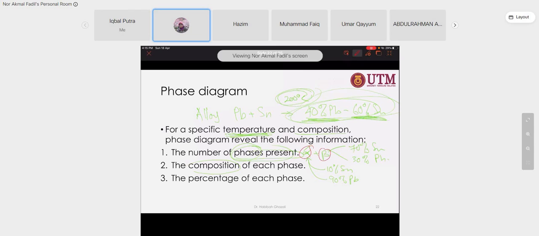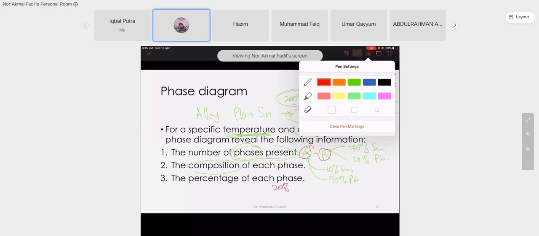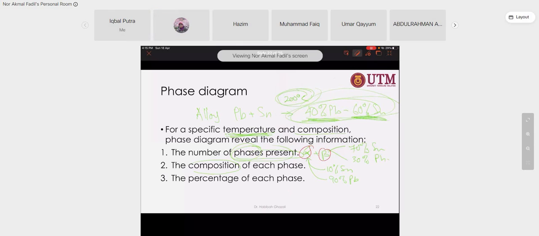At this point, how many percent beta and how much is the portion, the fraction? For example, at 200 degrees Celsius, for your alloy containing lead plus 60% tin and 40% lead, this is your alloy, this is temperature. You want to know, if there is alpha and beta, how many percent alpha and how many percent beta.